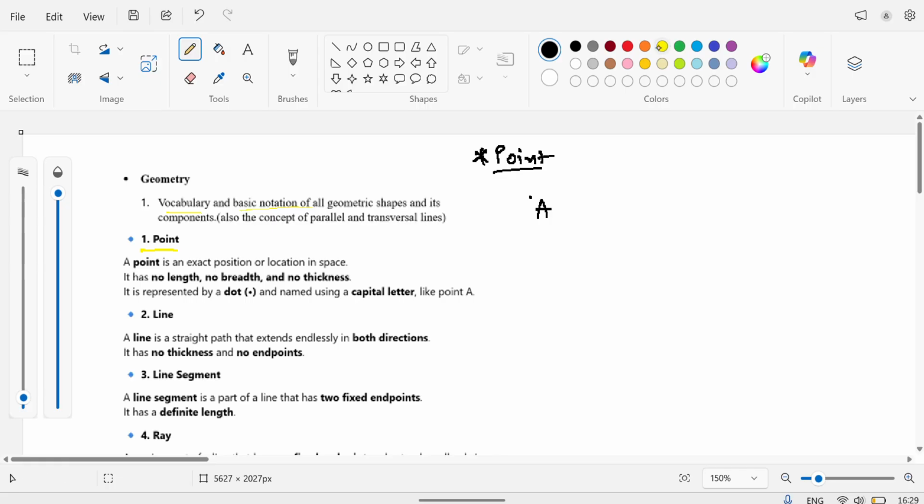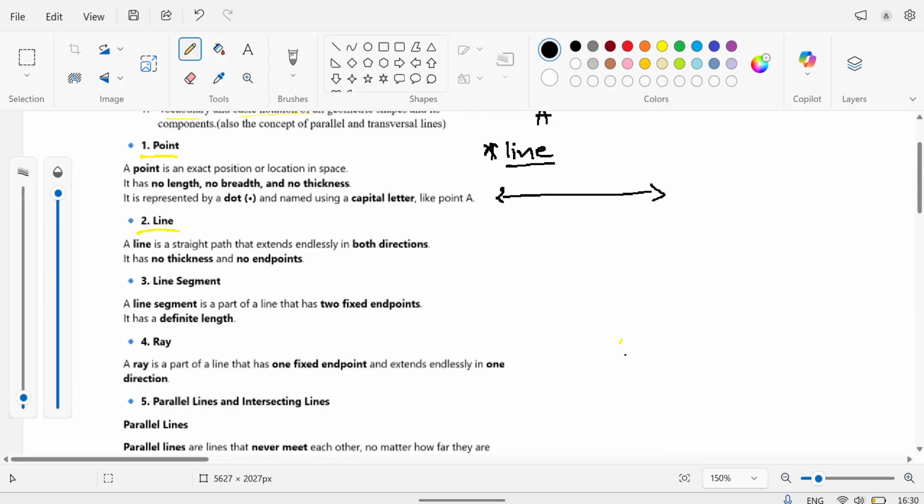The next one is the line. A line is basically a collection of points, an arrangement of points in a particular path which is never going to end from both ends, or it's a set of points. So a line is defined this way. The two ends are denoted by arrows. It means it's never going to end.